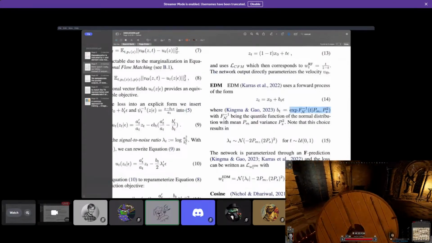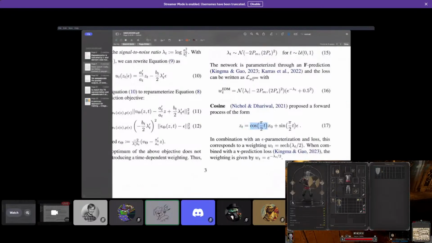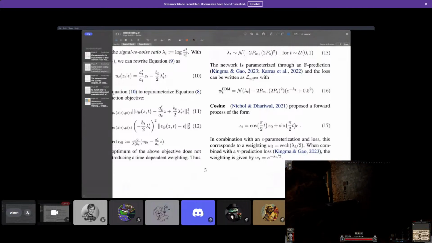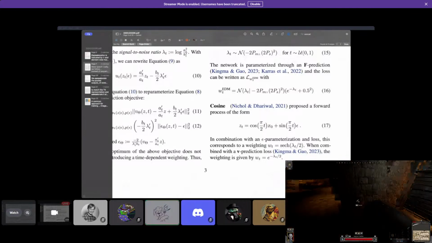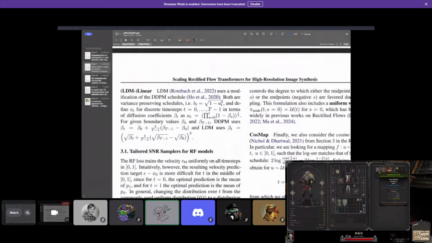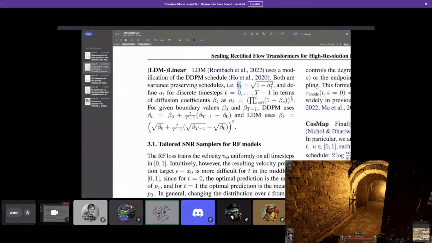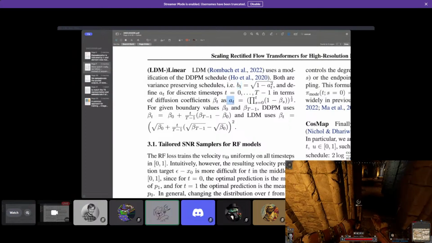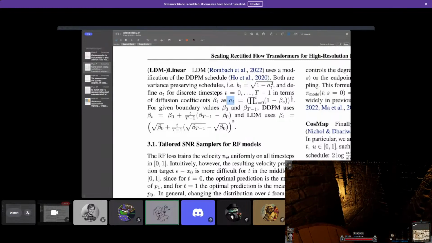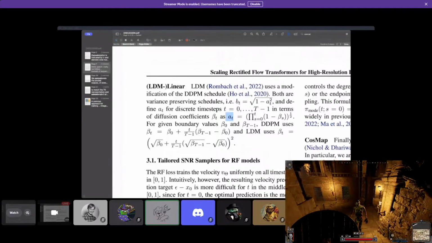Or you can say, I have a cosine schedule, which is essentially an interpolation using sine and cosine, so you go faster in the middle. And you can do these latent diffusion LDM A and B, where they have a derivation of how exactly they arrive at those values in order to preserve the variance of the signal.